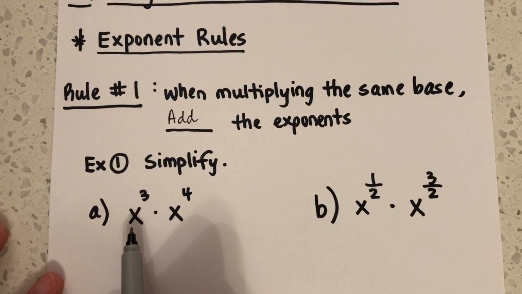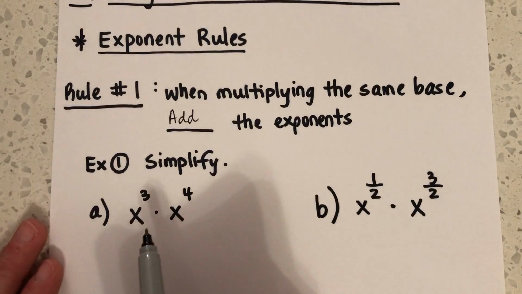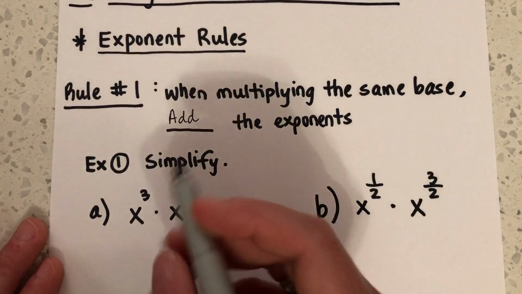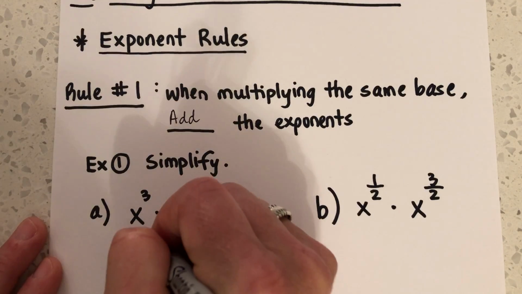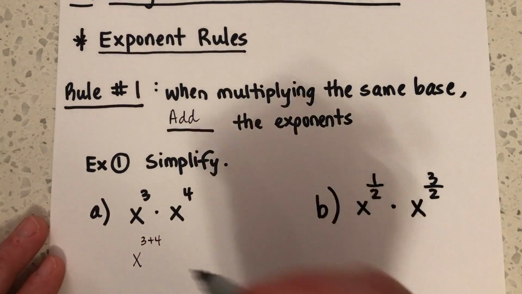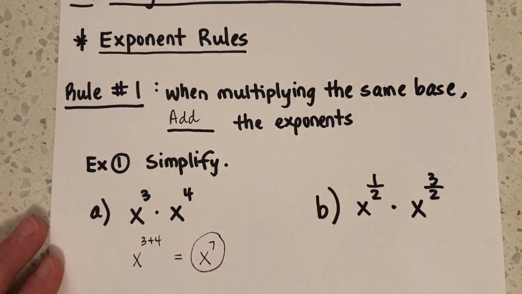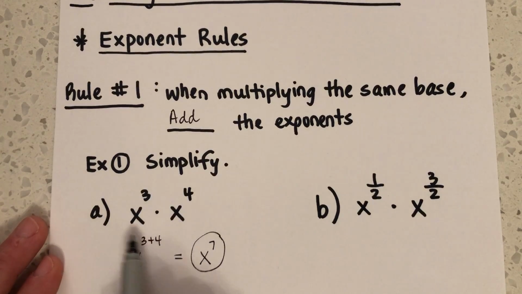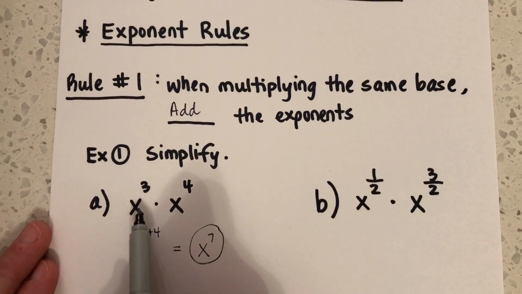If you were asked to take x to the third times x to the fourth, we have already learned that if we are multiplying the same base, I can just turn this into x to the 3 plus 4. Then we add our exponents and our answer is x to the 7th power, because I would have multiplied x by itself 3 times here, 4 times there, a total of 7 times. That's what we did when it was just whole numbers.